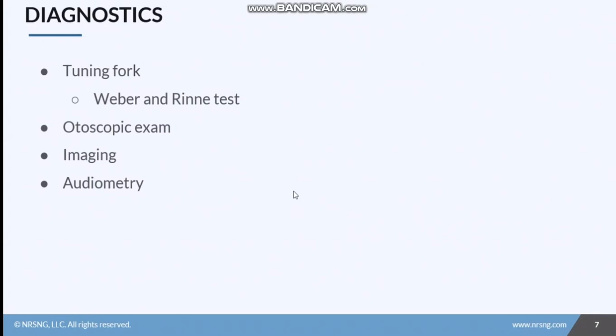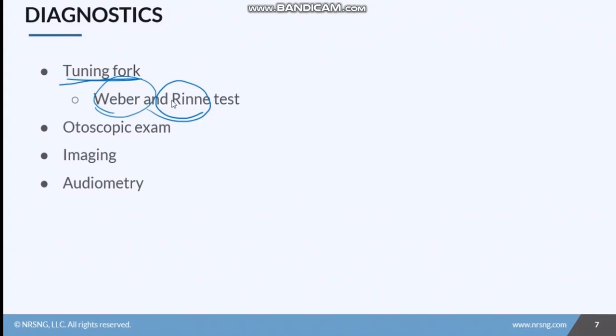Okay, guys. So we're going to go over the Weber and Rinne test a little bit more in detail just so we can clear any confusion with that. To help diagnose the type of hearing loss, there are a couple different diagnostic tests that are utilized. One is using the tuning fork. The tuning fork is used to conduct the Weber and Rinne hearing test. The tuning fork helps us test the patient's hearing acuity.